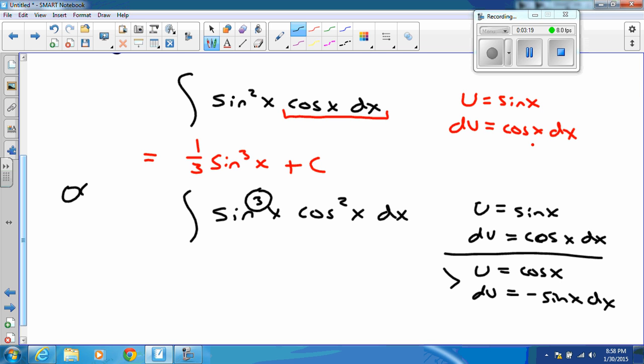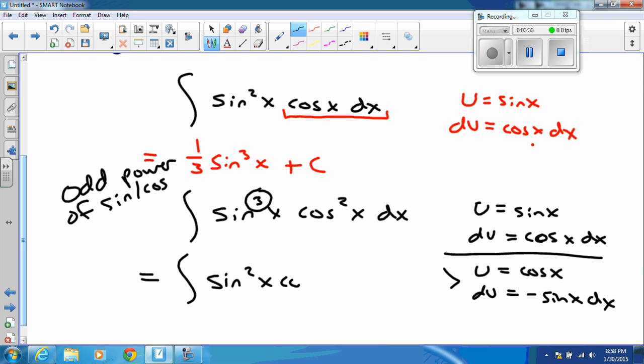And the reason for that is that I have an odd power of sine here. And because I have an odd power of sine, what I can do is to peel off that odd power of sine as a first step to isolate my du. Here it is.